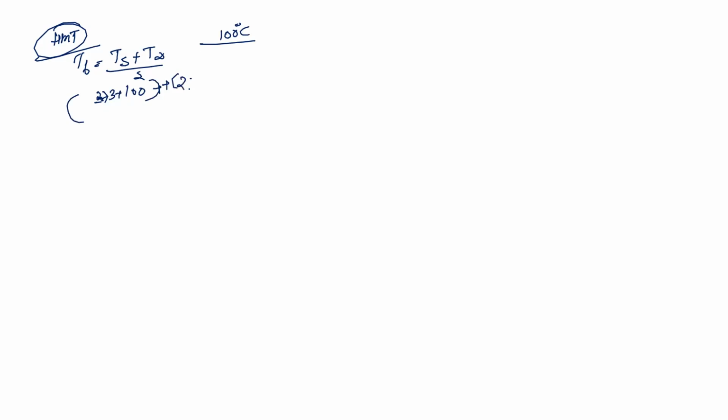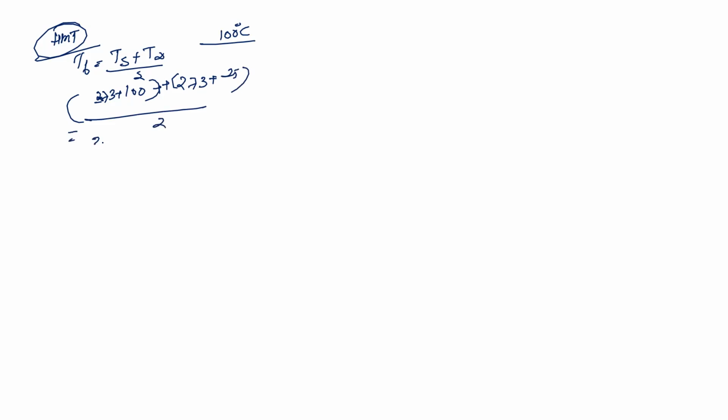So from the tables in the HMT book, for air at bulk fluid temperature equal to T surface plus T infinity by 2, which at the top surface is 100 degrees Celsius: 273 plus 100 in Kelvin plus 273 plus the ambient 25, divided by 2.